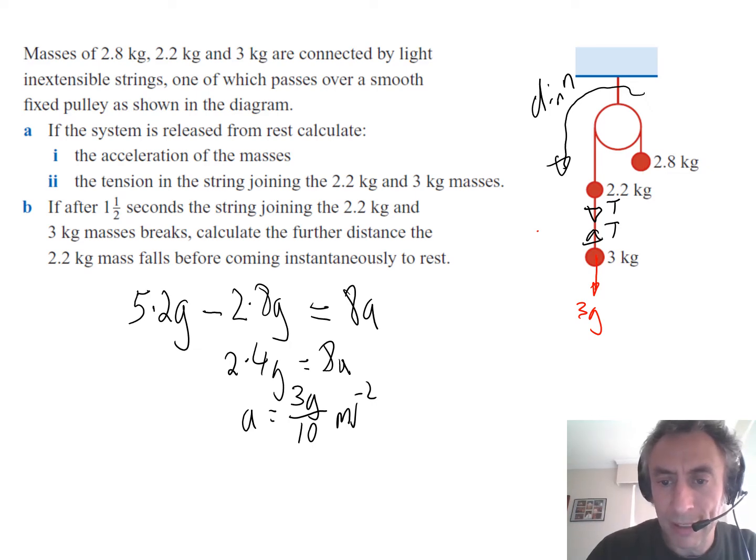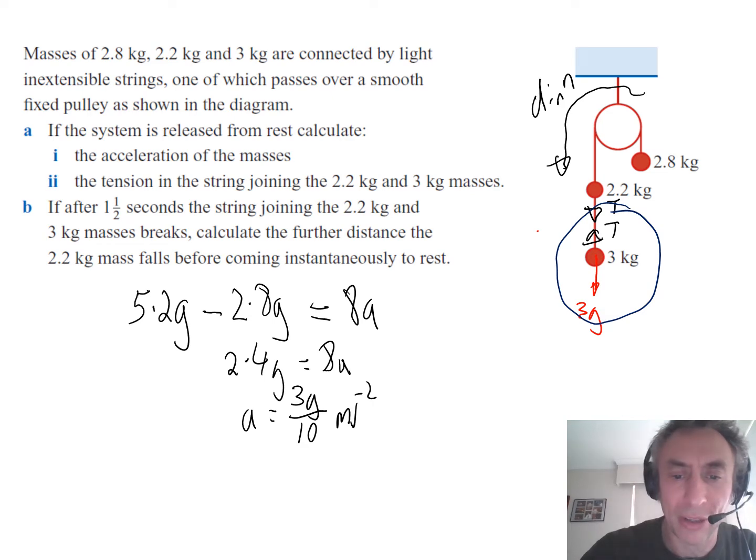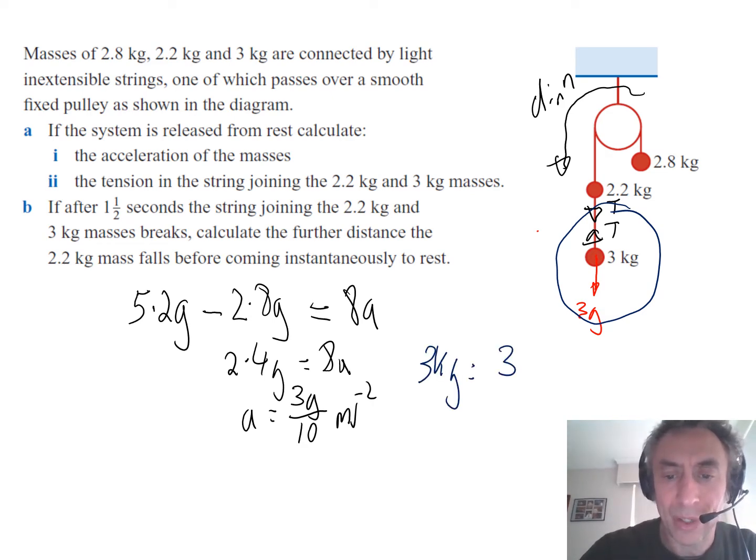Okay, lovely. All right, so let's just have a look at the 3 kilo mass, because that's enough for us to work out the tension in the system. We now know its acceleration, and if we just look at the 3 kilogram mass, we've got 3G, the weight force, being retarded by a tension force, and that's equal to mass times acceleration, 3A.